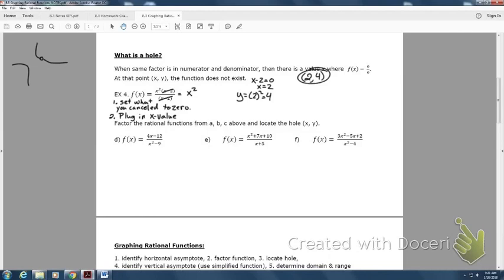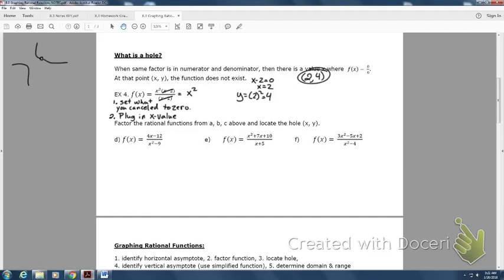Alright, so I'm going to do the first one. And this is probably the toughest part of today's notes. Then we'll get into the whole process of graphing a rational function. So on D, we're going to factor this.